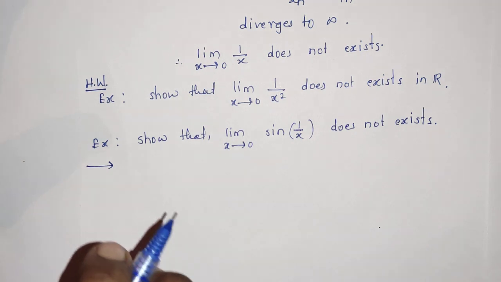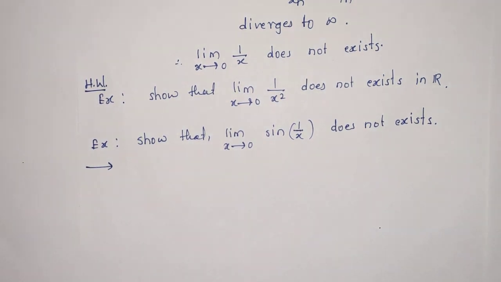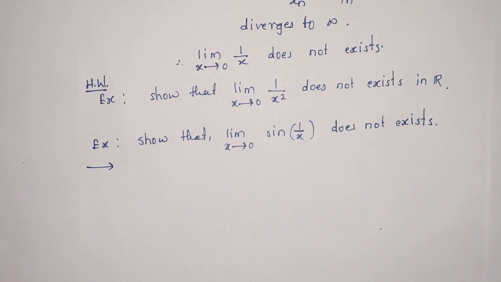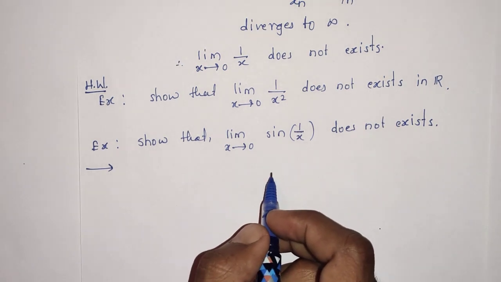Similarly, if we use the second divergence criteria, that is, if we find two subsequences of the given sequence and those two subsequences converge to different limits, then we can say that this limit also does not exist.